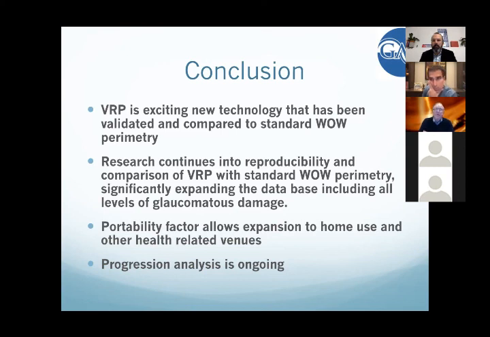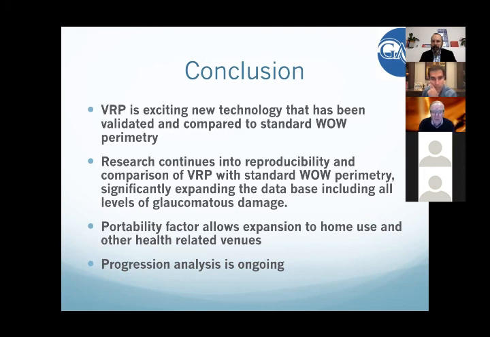We need to continue to compare it to standard white-on-white perimetry that we know really well. And we need to expand the database, including all levels of glaucomatous damage. And we certainly are doing that. In fact, in many of the patients with advanced glaucoma that I've seen, the correlation looks very good as well, but that certainly needs to be studied well.